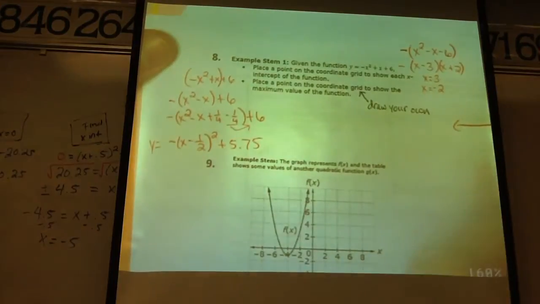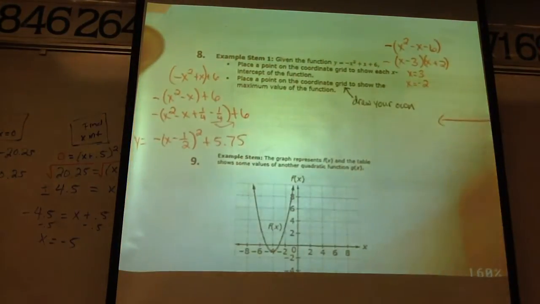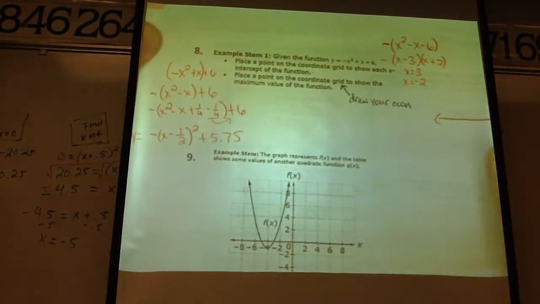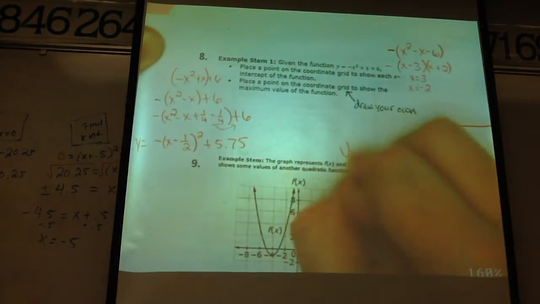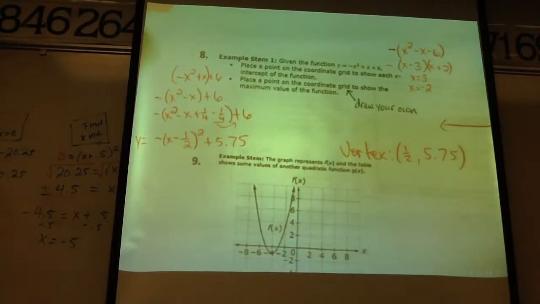So now the vertex is 1/2, 5.75. So if you drew a graph, it'd be like there.